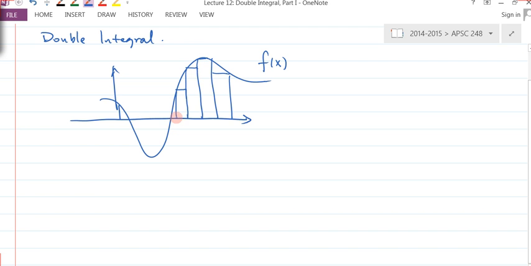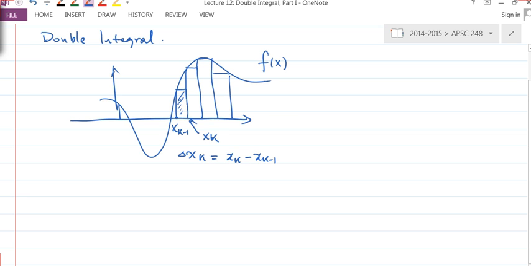So if this is x of k minus 1, and this is x of k here, then for this rectangle, we know that the area is basically the base times the height. The base is delta x k, suppose this is delta x k here.